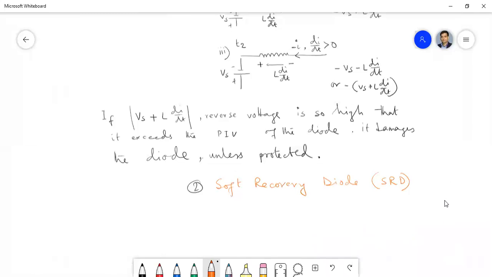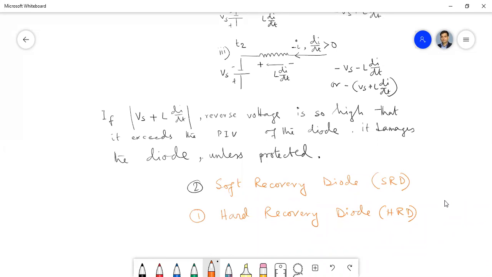And the first one is called the hard recovery diode, or HRD. Okay, so these two are the variation which depends on the reverse recovery time.